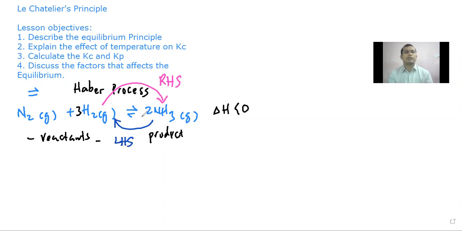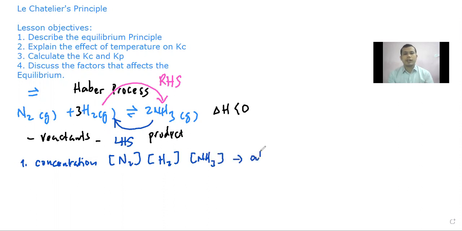So definitely this is the process of equilibrium, right? The thing that you need to remember, number one, is the concentration. This is something that you need to ponder. The concentrations, I just symbolize with the brackets, right? So the concentrations of nitrogen and hydrogen and of course ammonia at equilibrium are constant.